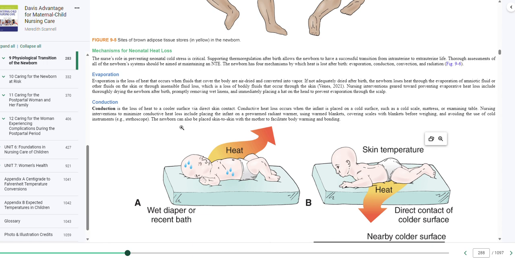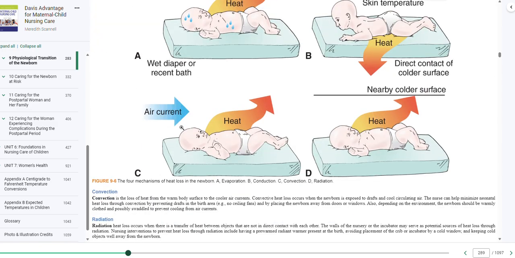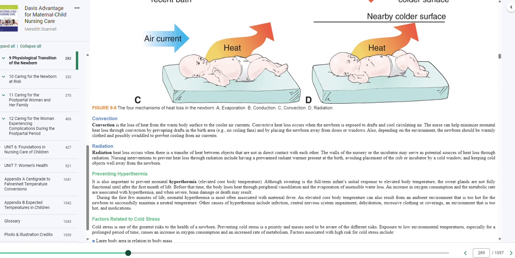The evaporation is when the baby's left out in the open. Convection is the loss of heat from a warm body to cool air currents, like ceiling fans, things like that make the baby lose heat. And then radiation is the heat loss that occurs when you transfer it between heat and another object as well. So a crib or a cold window or things like that. Just be familiar with those terms.